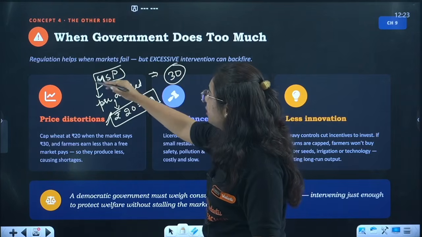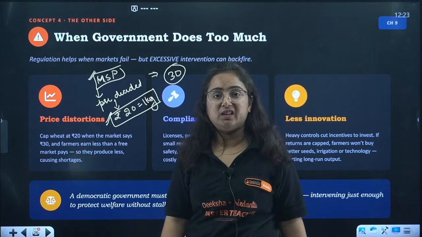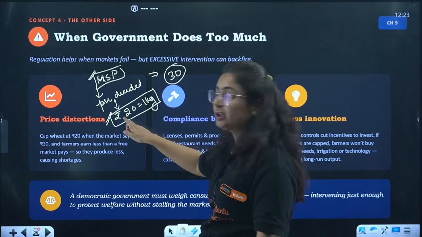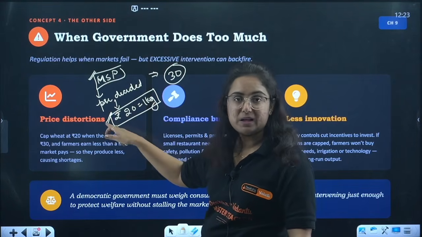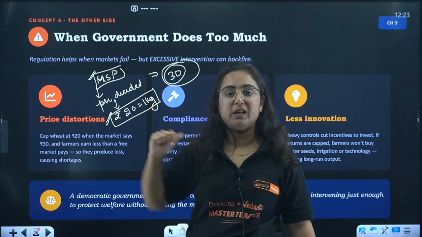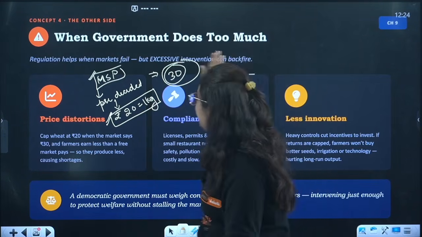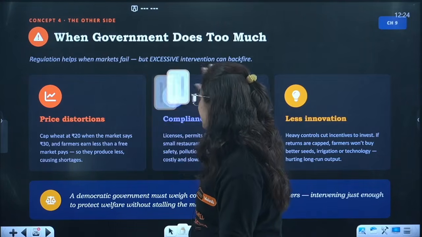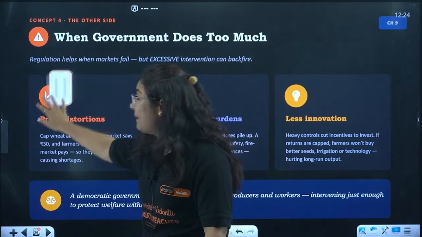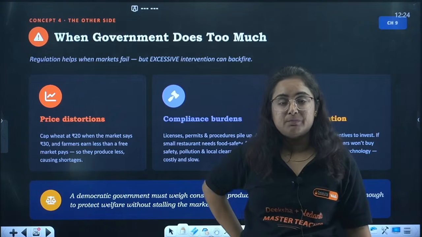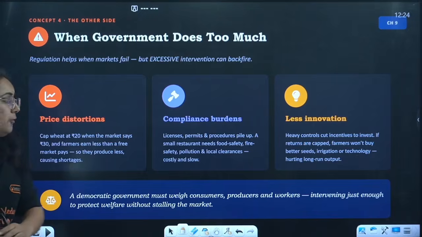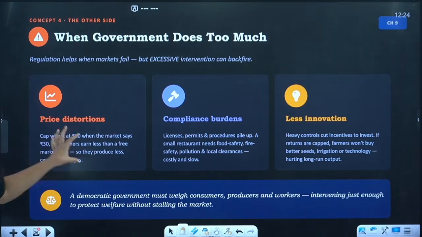Now the farmer who accepted the MSP feels, I also have the same quality of crop, but I am selling it to the government at a cap of 20 rupees, and if I had sold it in the market for 30 rupees, it could have been more beneficial. So what happens now, beta? Sometimes for products that need to be in the market for public welfare, the government interferes and puts a cap on the product, which is actually disheartening for the supplier.